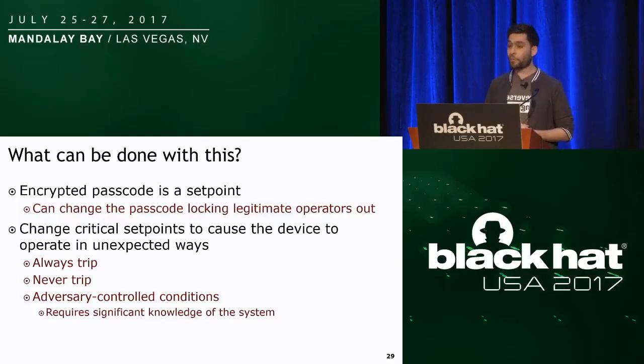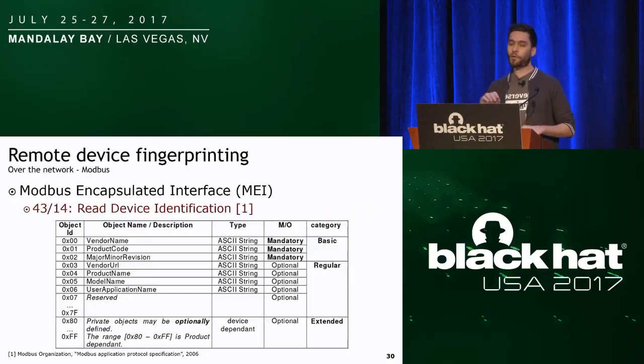That's also bad, because you could have a fault propagating through the lines without the protection kicking in to isolate that fault, which could also lead to hardware failures. And finally, you could also have adversary control conditions. However, I want to note that this would require significant knowledge of the system and has several additional prerequisites. It's not that easy to do. In the demo I'm going to show in a while, we're going to make the device always send the trip command. But before going to the demo, I want to talk a little bit about remotely fingerprinting the device.